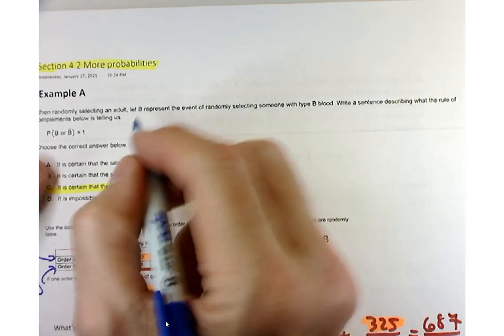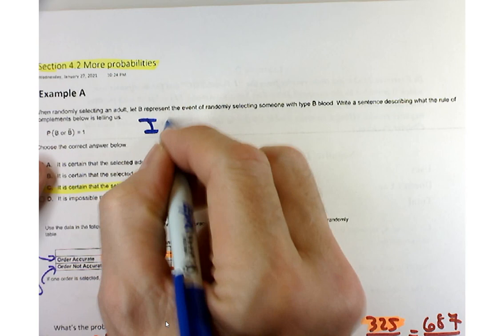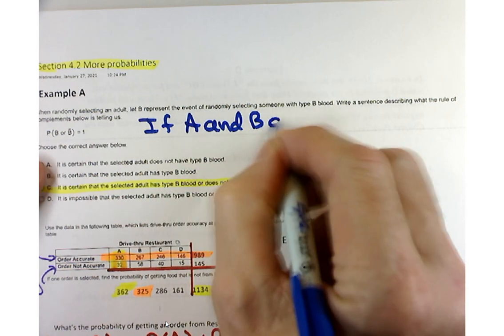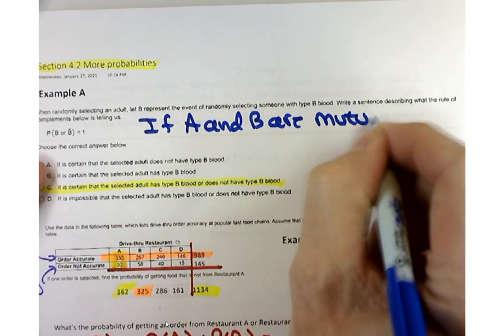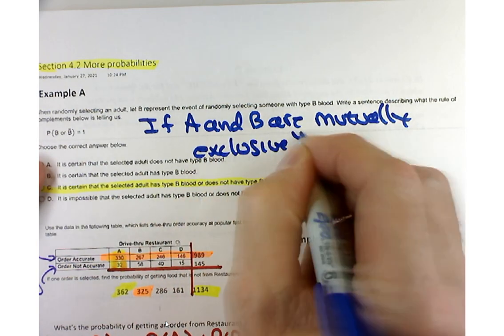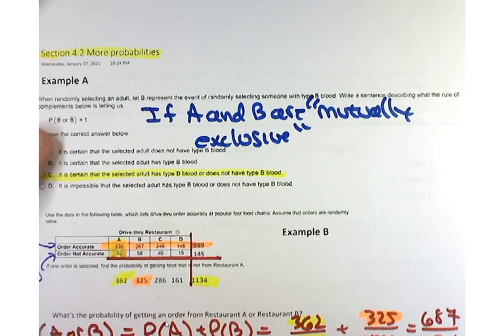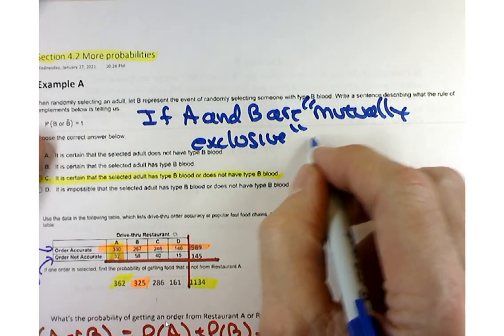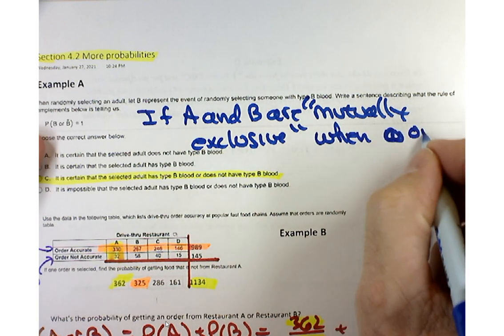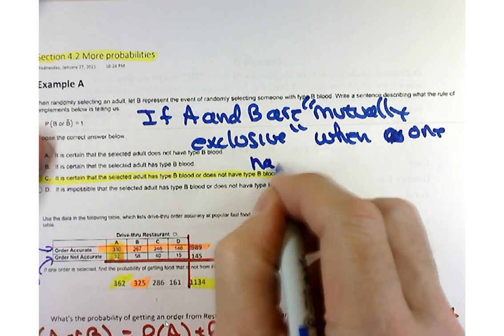So if A and B are mutually exclusive, then when one happens, the other can't happen.